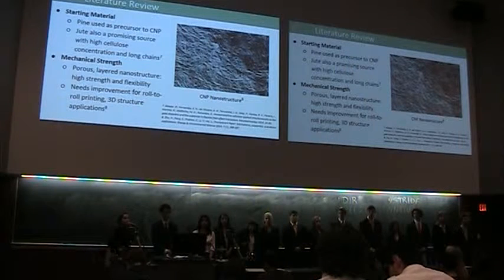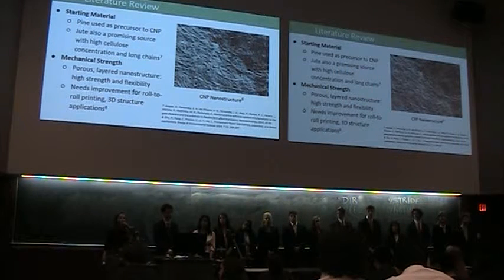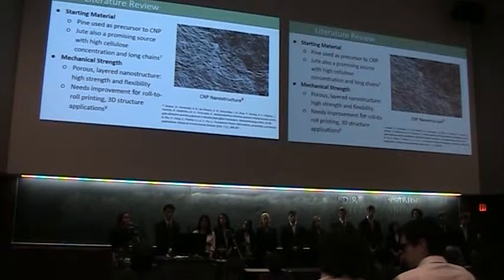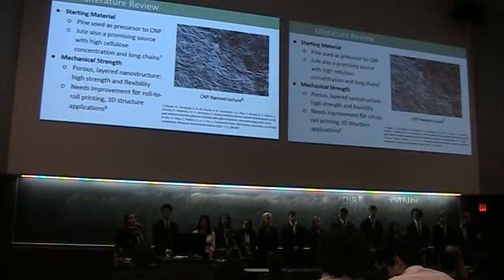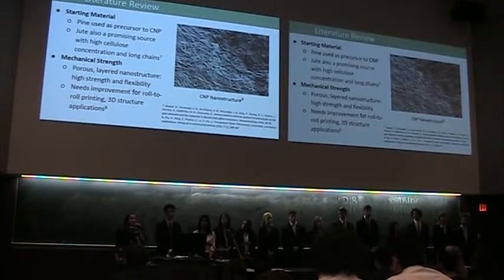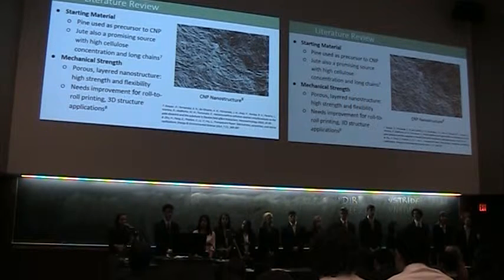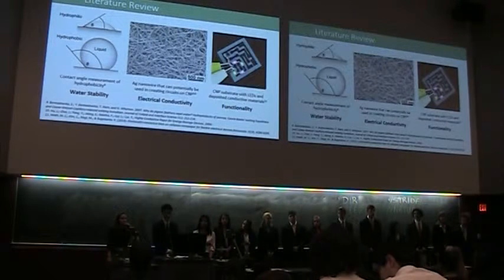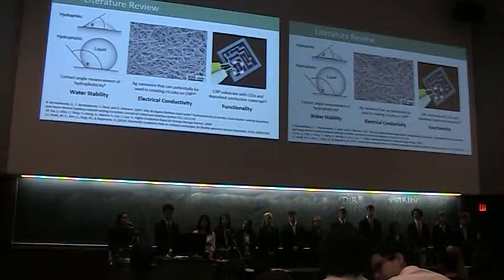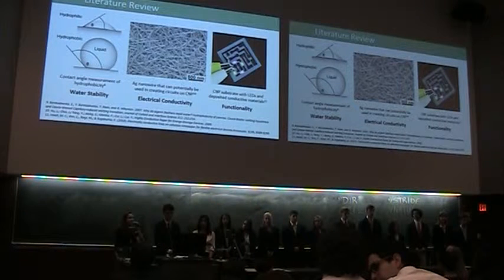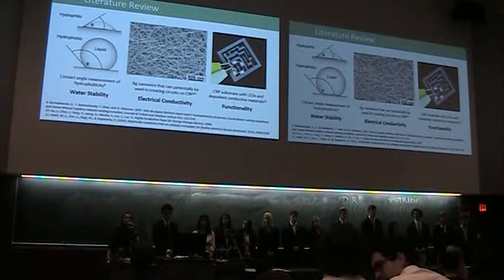In terms of mechanical strength, CNP is a highly porous and layered nanostructure, and this is what makes it so strong. However, it needs further strengthening for some of the roll-to-roll printing and flexible electronic applications we desire. With regards to water stability, when you think of paper, it disintegrates in water, which isn't very good if you're trying to make a solar cell out of paper.